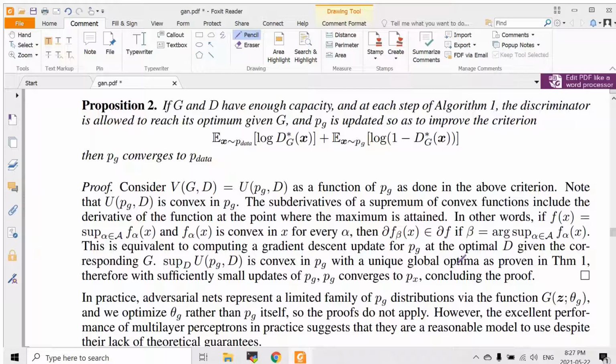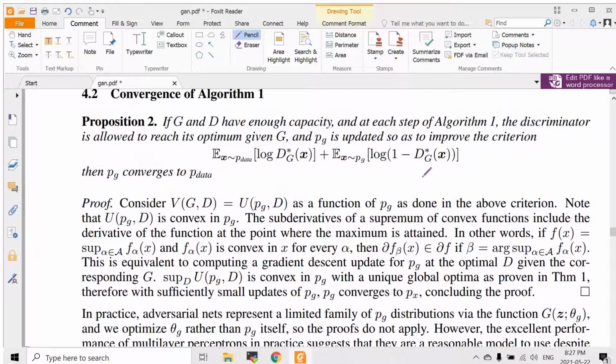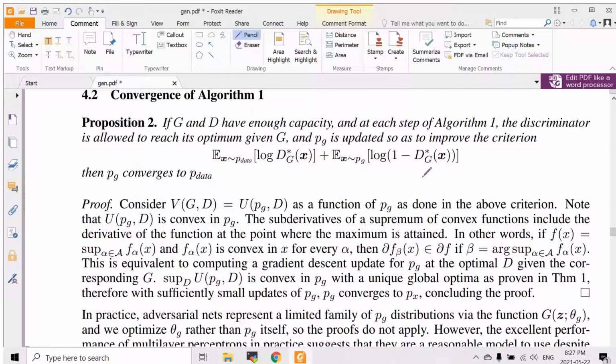If G and D have enough capacity, and at each step of algorithm 1 the discriminator is allowed to reach its optimum given G, and PG is updated so as to improve the criterion. PG is basically the green line that we talked about. We wanted to capture the black dots, the training data distribution.